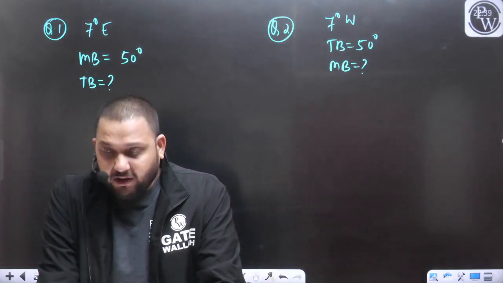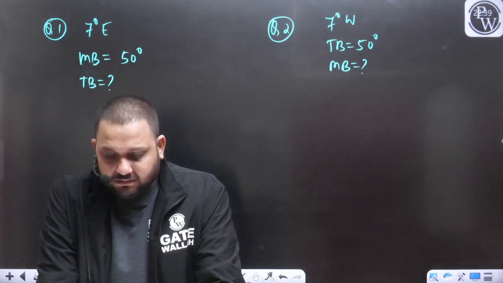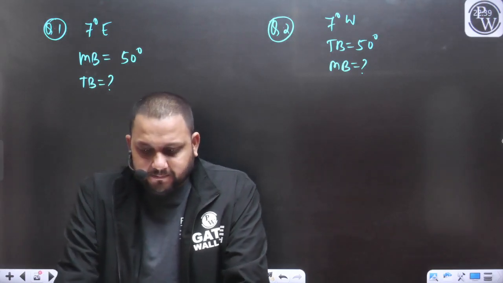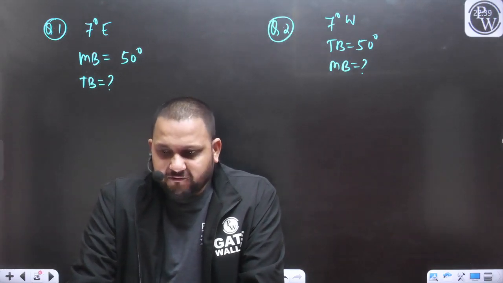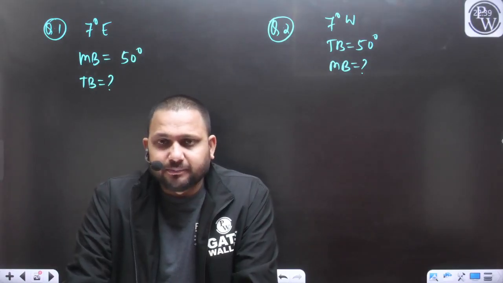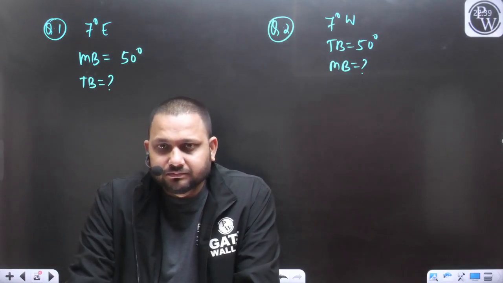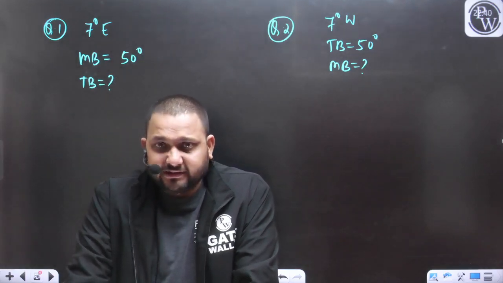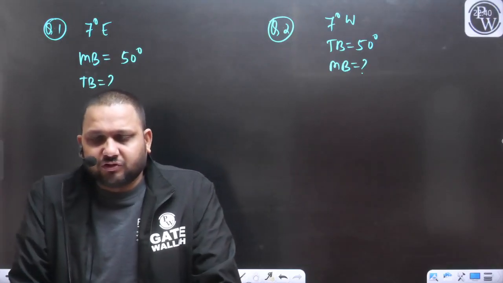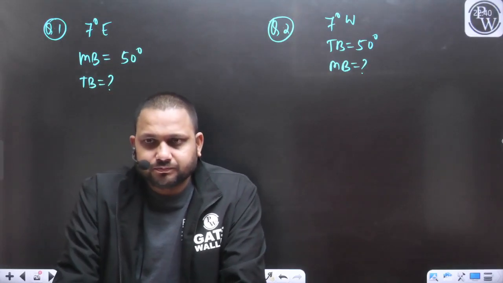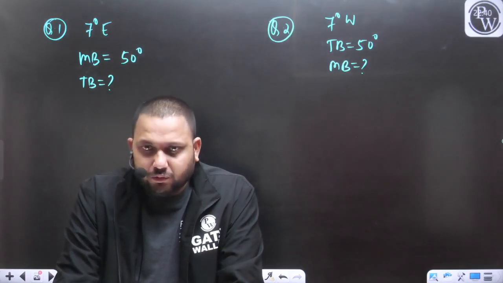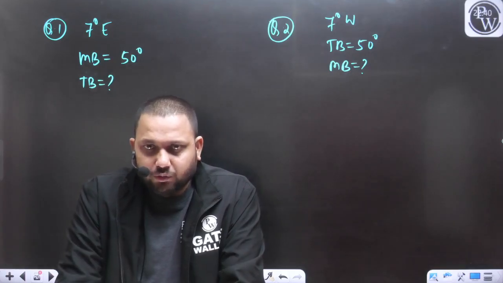So now I want to know, whatever topics we have covered till now in compass surveying, do you have any problem with any concept? Yes, everyone, tell me the answer for both question number 1 and question number 2.